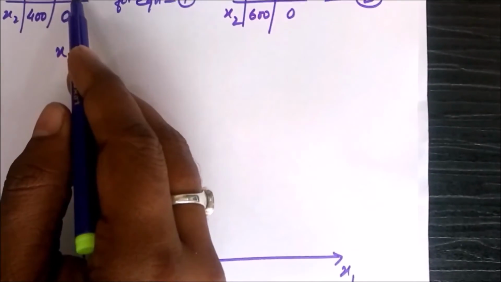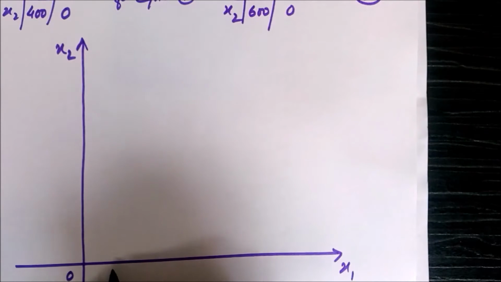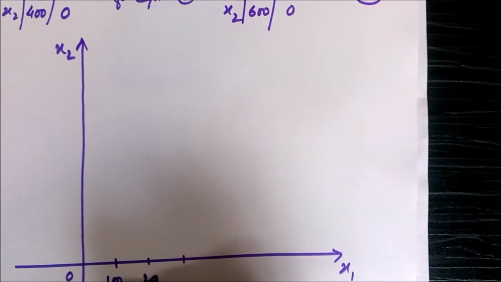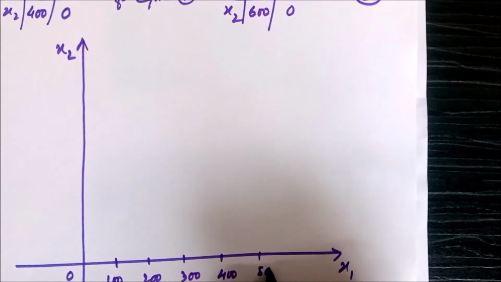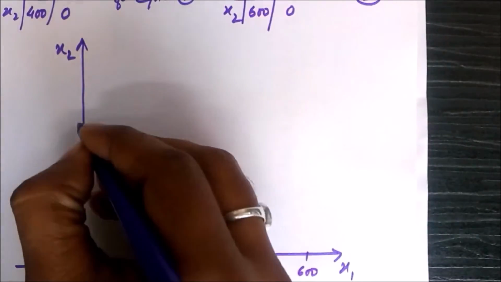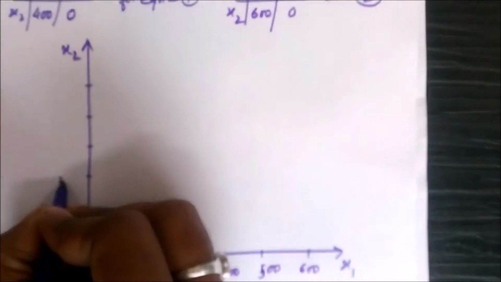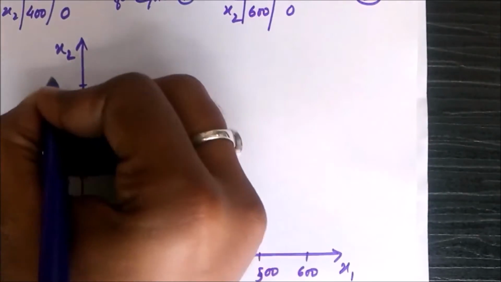As you can see, the values are much larger, so on a rough scale I plot the points as 100, 200, 300, 400, 500, 600. Similarly for x2, 100, 200, 300, 400, 500, 600.